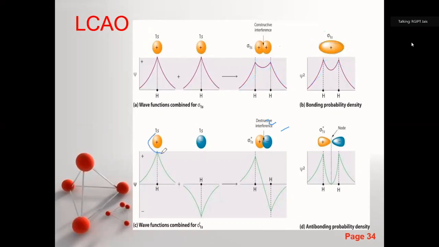But if the positive lobe interacts with the negative lobe, there is a decrease in electron density. The crest is interacting with the trough. In this case electron density is increased, but in this case electron density is decreased.